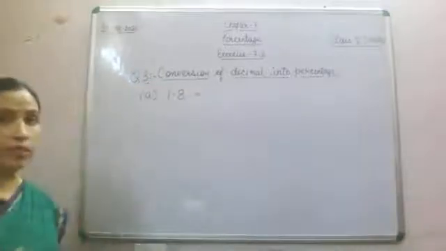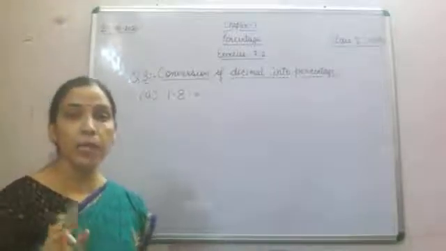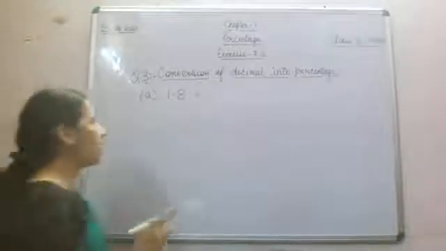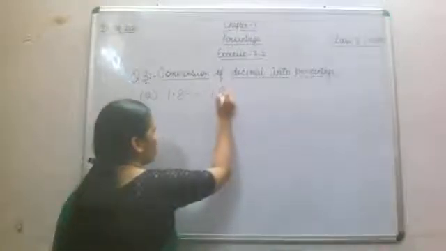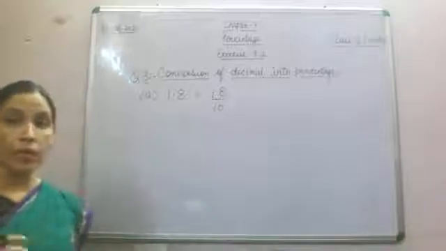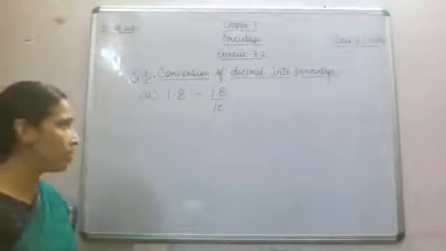Now what is the first step which I have told you just now? Remove the decimal and put as many zeros as many decimal places the number contains. Now in this number we have one decimal place. We'll remove the decimal and we'll write 10 over there. Now for writing it as a percentage you require 100 in the denominator.